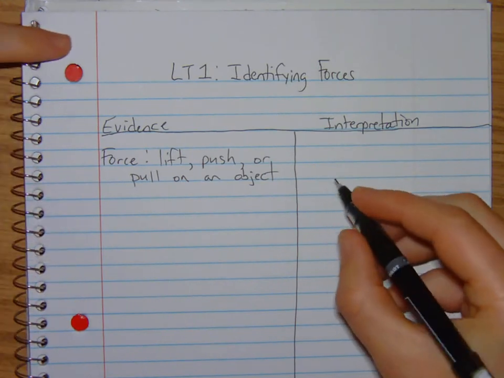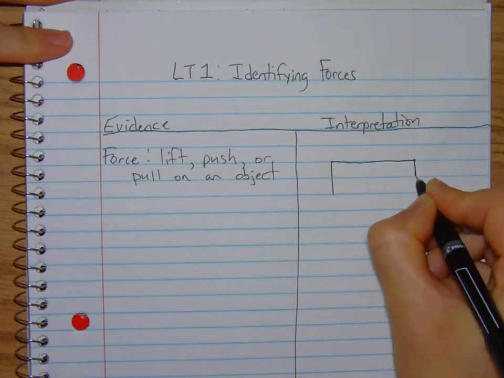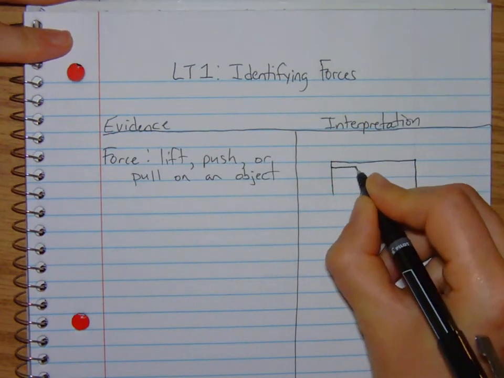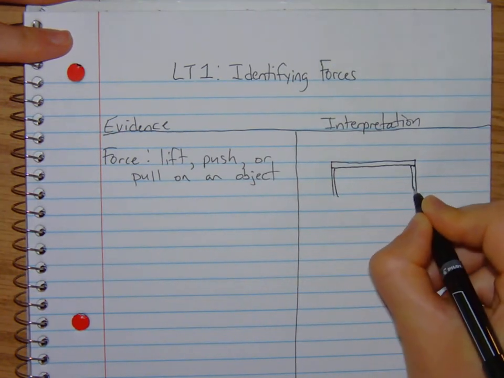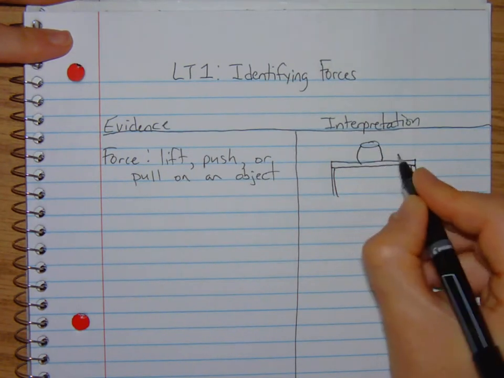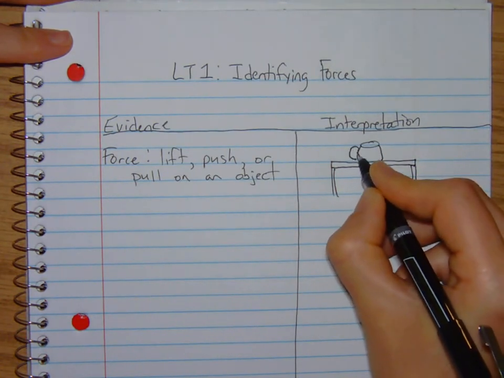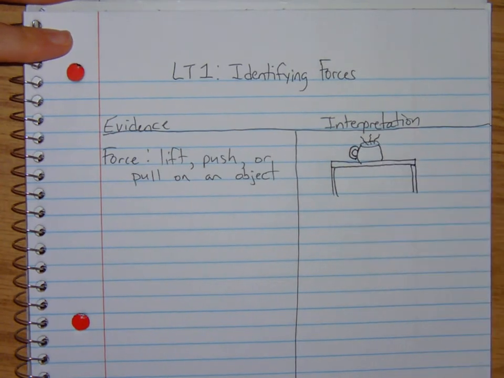All right, so we're going to just draw something real simple, because I can still mess it up, but either way. Let's just say that this is a table, and sitting on this table, it's morning for me, so we have a nice mug of coffee. Maybe you are anti-coffee, it's hot chocolate.